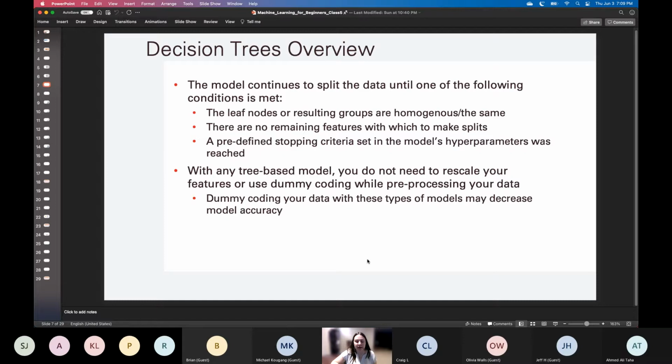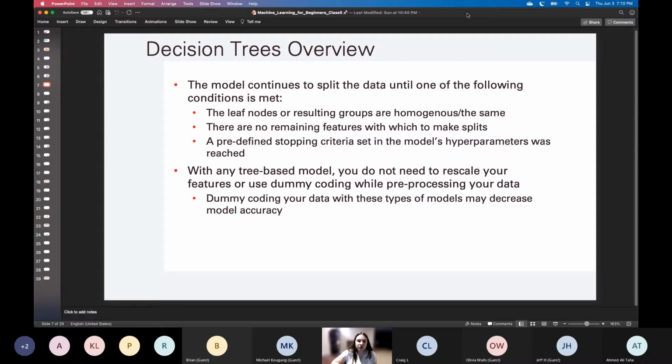In general, decision trees are not great because they overfit. So you usually have to do this third option or it's not going to be a very accurate model. We'll get more into that in a second. But with any tree-based model, there is one difference between this model and pretty much any other machine learning model.